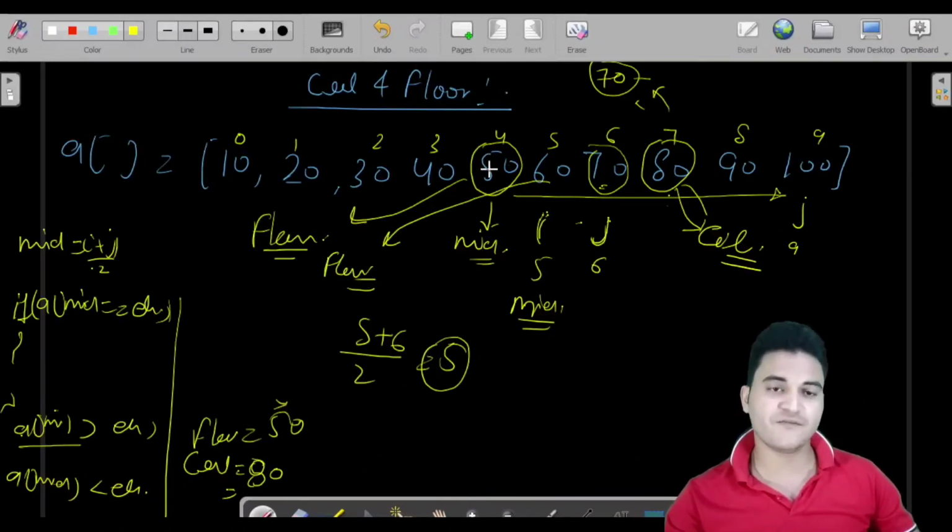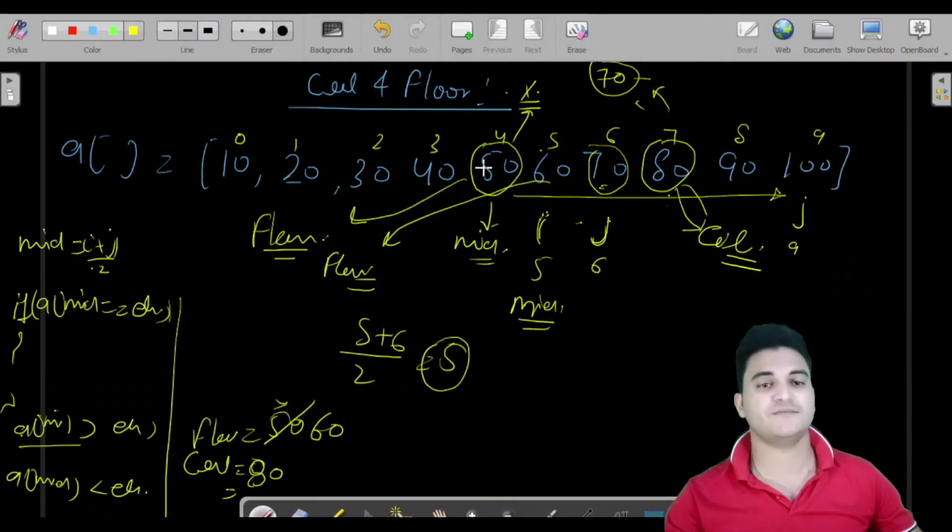We were having 50, but now we got another element which is less than the element for which we are searching. Then it is for sure that 50 is not the potential floor for 70. Instead, 60 could be the potential floor, because we got an element which is greater than 50 and less than 70. So now 50 would be replaced with 60.